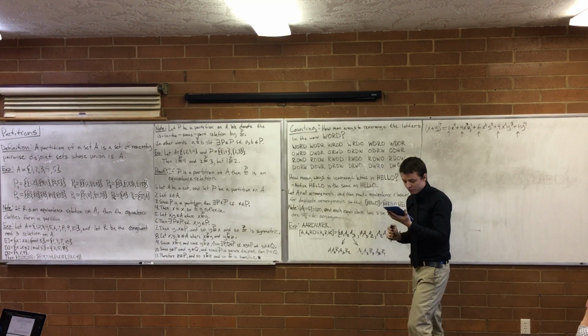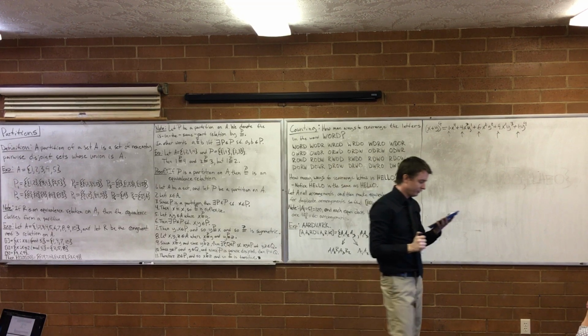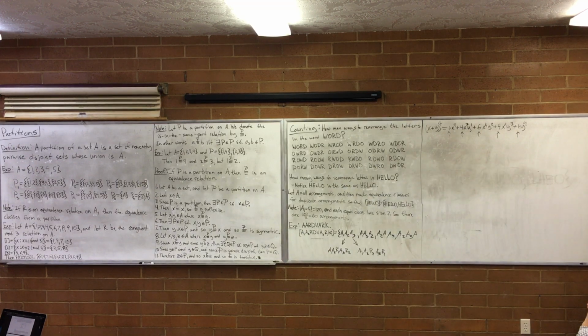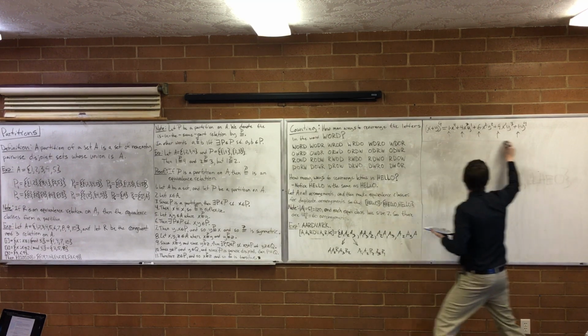The central problem we consider in this section is the following. How many subsets of size k does an n element set have? Okay. So that's what we mean by binomial coefficients.